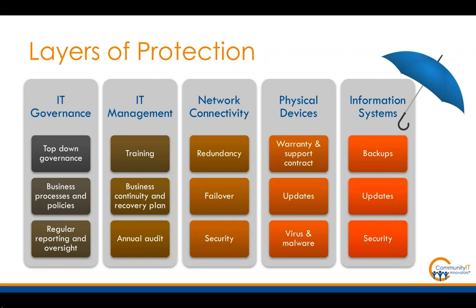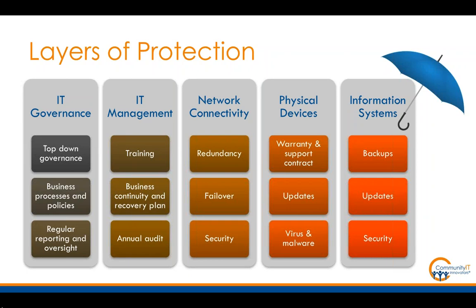Yes, and if you take the first two, IT governance and IT management, into consideration, you can classify them as administrative control. They are interrelated. If you classify also the network connectivity, physical device, and information system into a group, you may call them technical controls in security. They all should be interrelated.